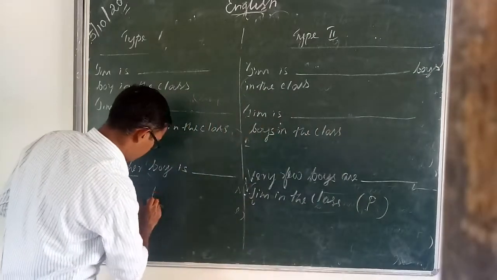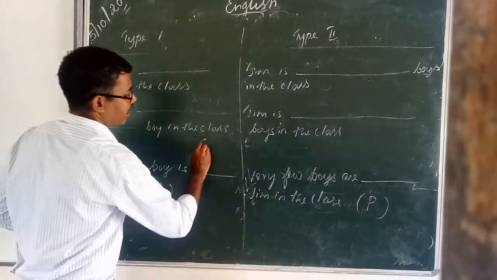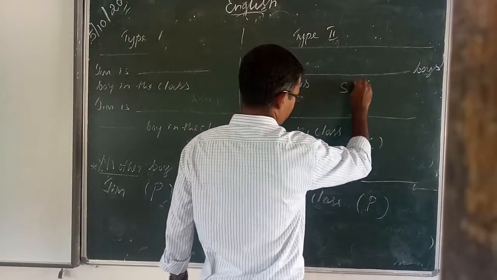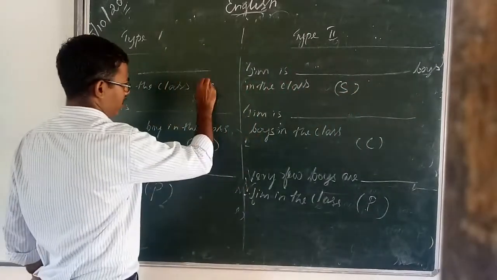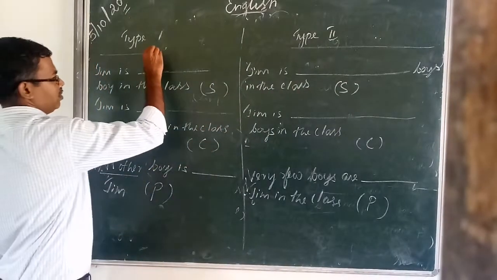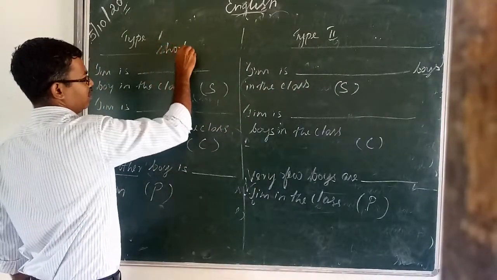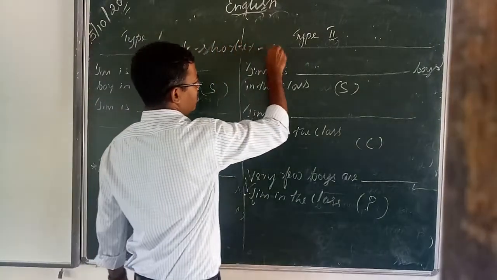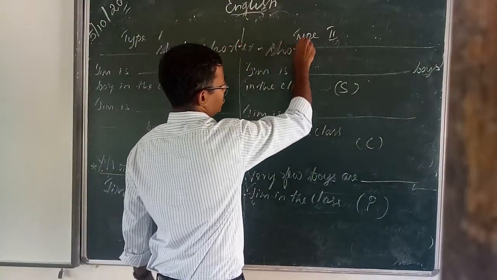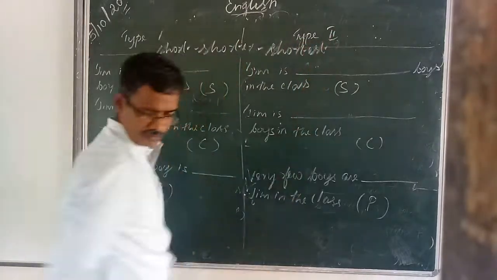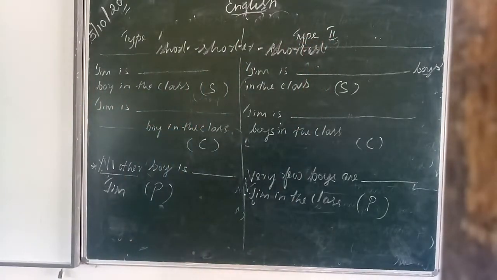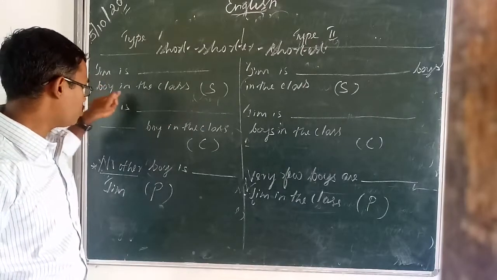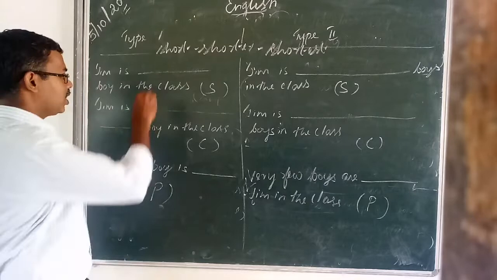Positive, comparative, superlative. Look at the first example: Jim is dash boy in the class, the shortest.